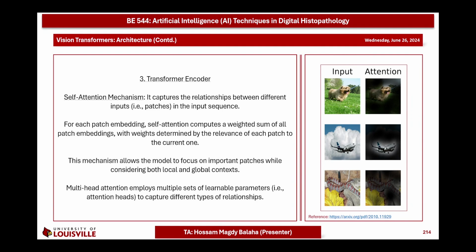For each batch embedding, the self-attention will compute a weighted sum of all batch embeddings, with weights determined by the relevance of each batch to the current one. By doing that, this mechanism will allow the model to focus on important batches while considering both local and global contexts.